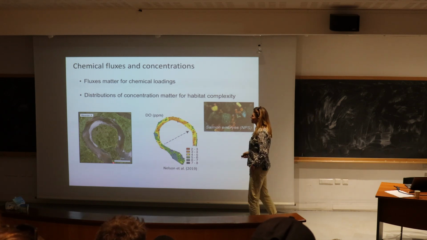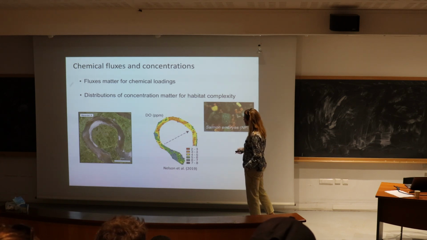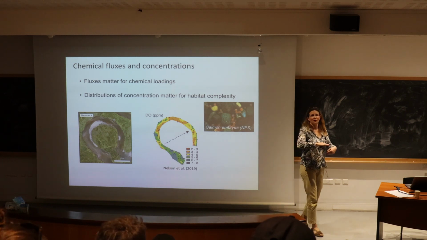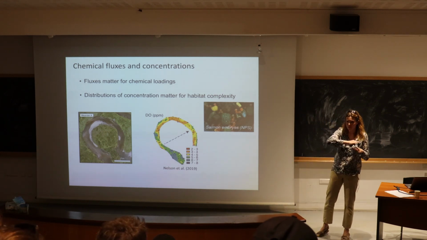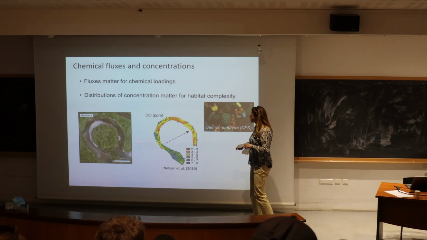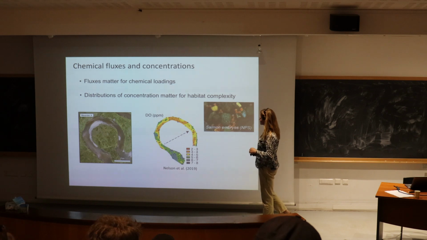So this is an example from some work that we did in a mountain stream in Colorado where we made a bunch of measurements of stream bed pore water chemistry over basically a two-dimensional slice through the stream bed. And we expect flow to be from this up valley limb of the meander through the floodplain and to come out through this down valley end of the meander.